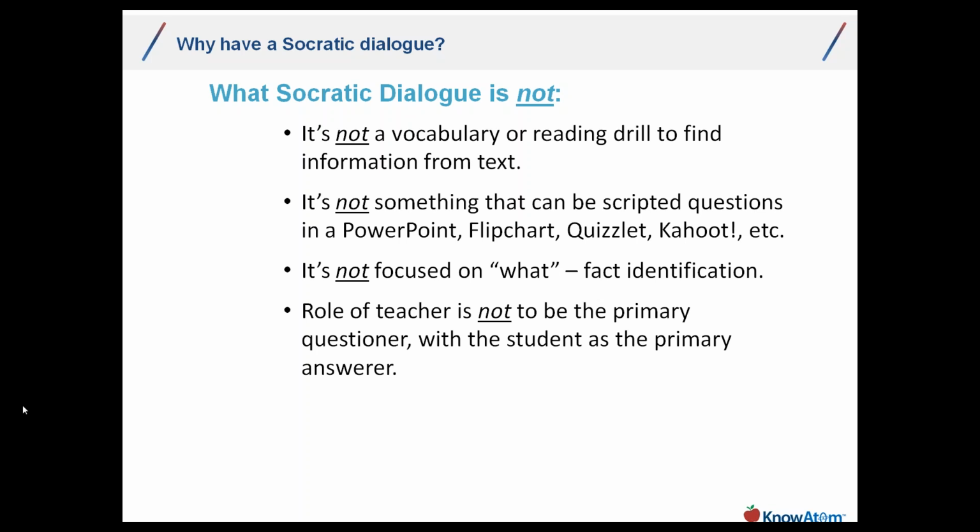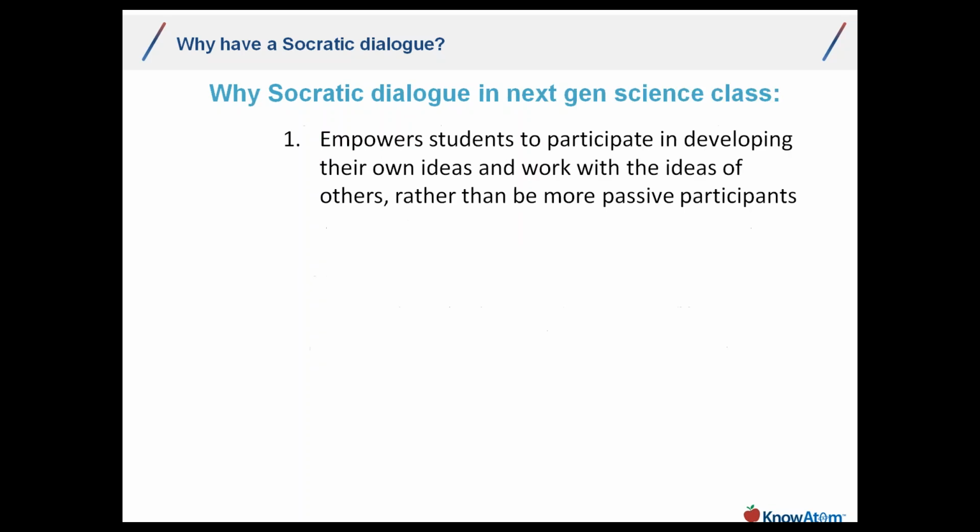So that's the role that fact plays. It has evidence. And in particular in science and engineering, that evidence is evidence we're gathering through experimentation.